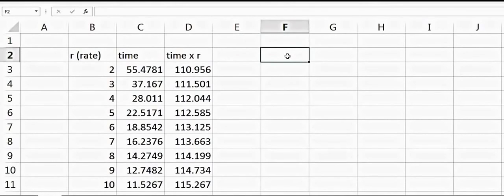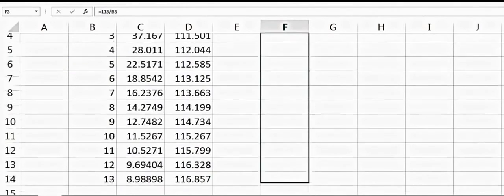Let's see, if we have used the trick, what should be the time? So the time using the trick would be like this. We have 115 divided by rate, so that's 57.5 years.